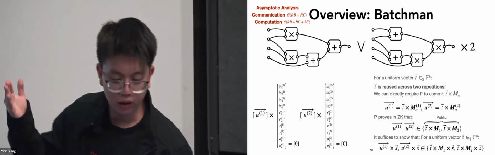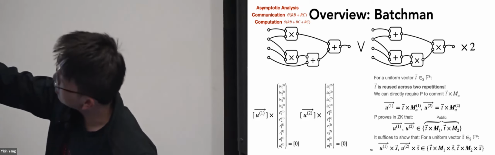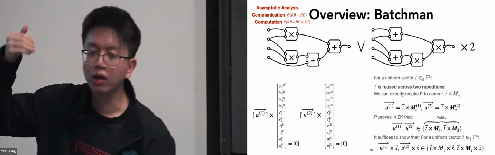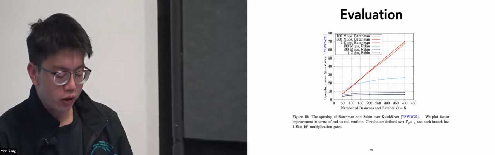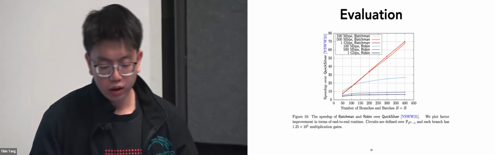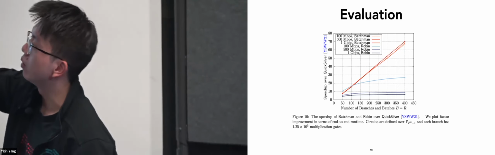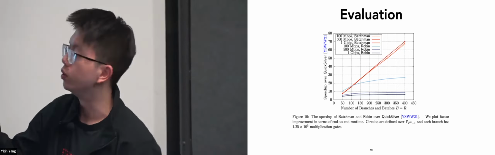Let me emphasize that the reason you can do this is that you reuse this T times M1 and T times M2, and you allow the prover to commit to it and prove it rather than just compute it. Cool. Let me give you some concrete numbers when we evaluate these two schemes. We implemented this Batchman and this Robbing in this language, and instantiated this commit-and-prove zero knowledge using lattice-based zero knowledge.